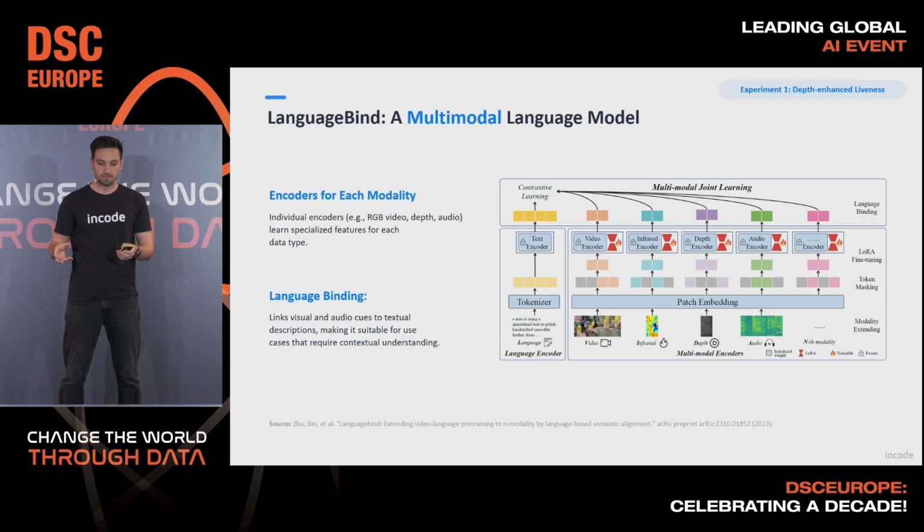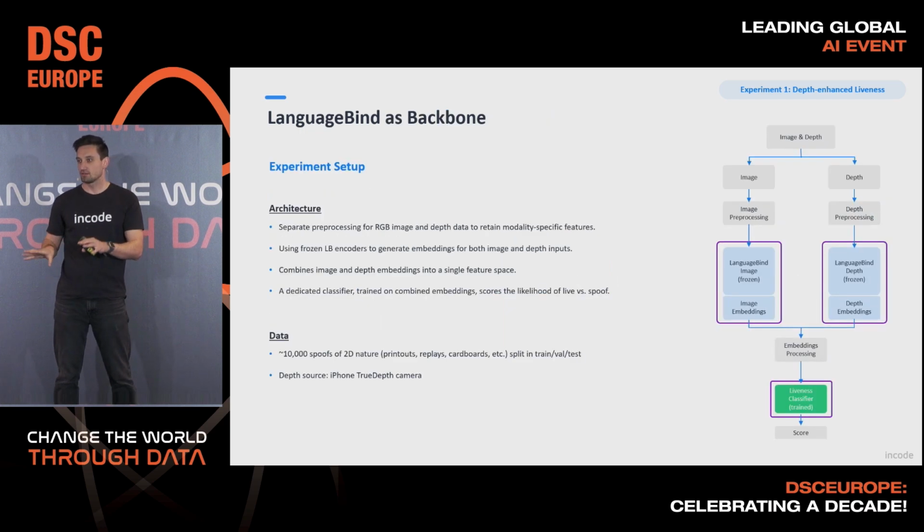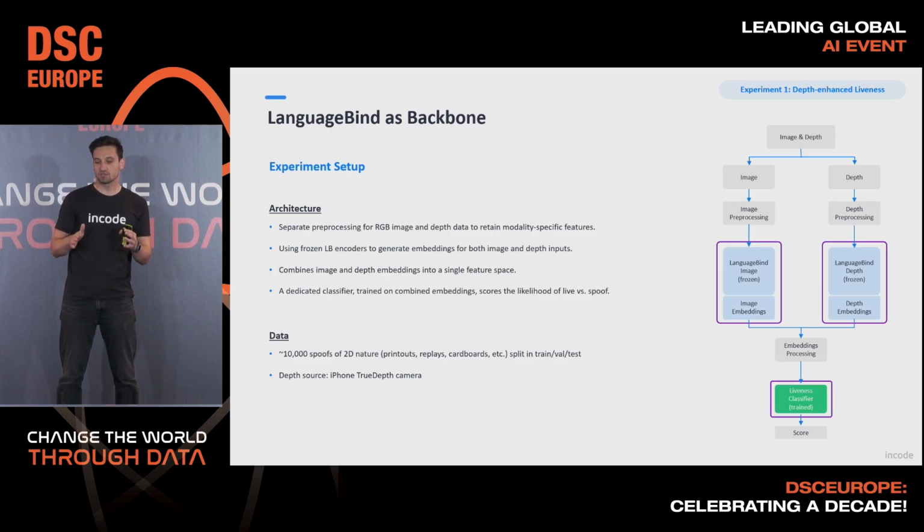What's the experiment setup? Let's imagine that apart from an RGB selfie, we also have a depth map. We pass the RGB selfie through the image encoder and get image embeddings, and the same with the depth map: pass it through the depth encoder and get depth embeddings.